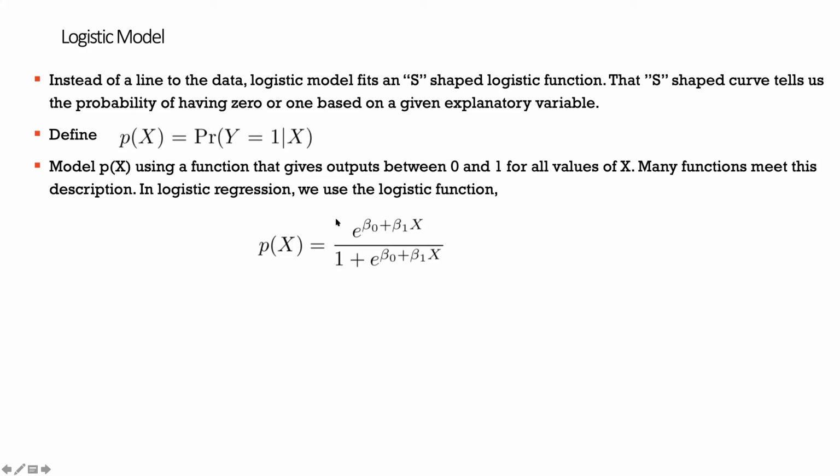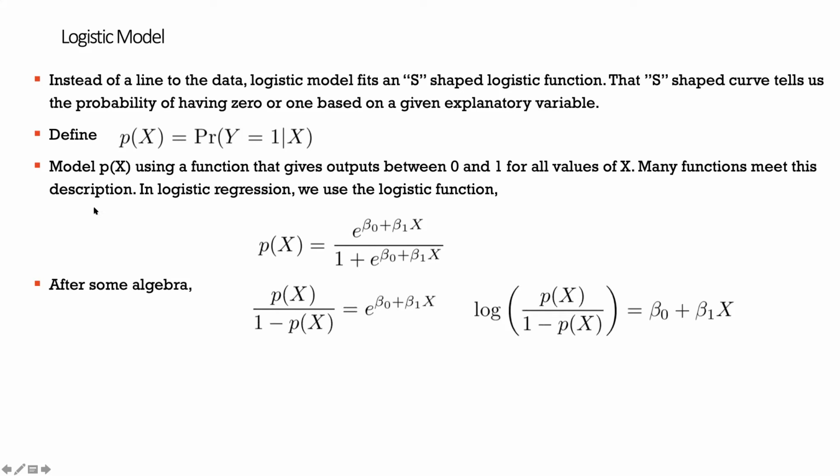From the definition of this, you can easily get the idea that your probability has to be between 0 and 1. This ensures that you have that information from your model.